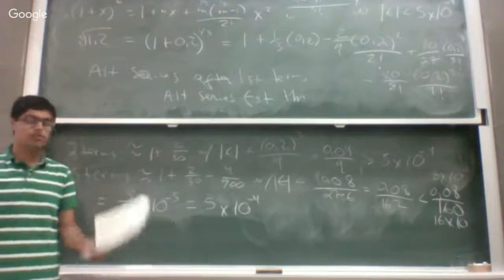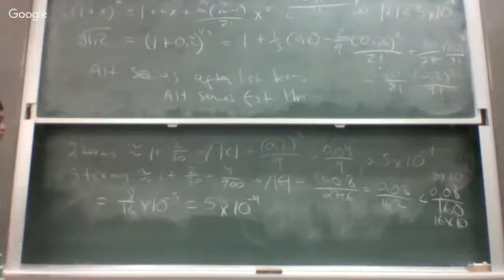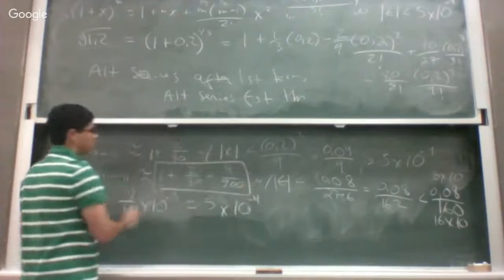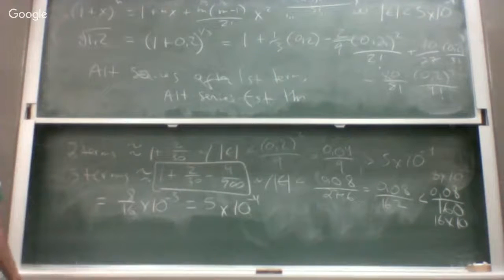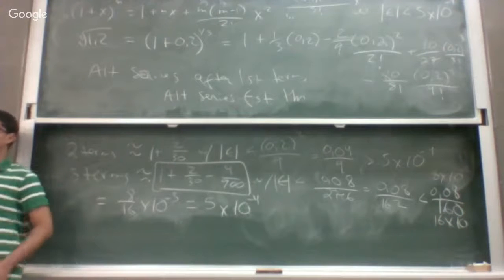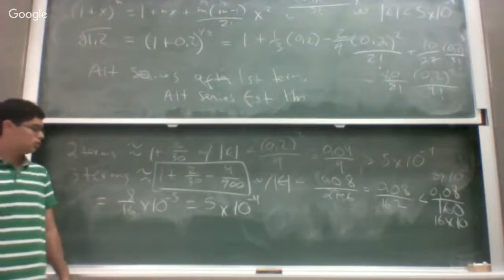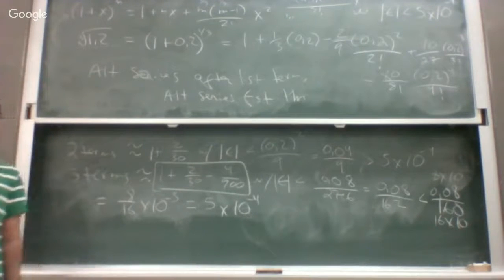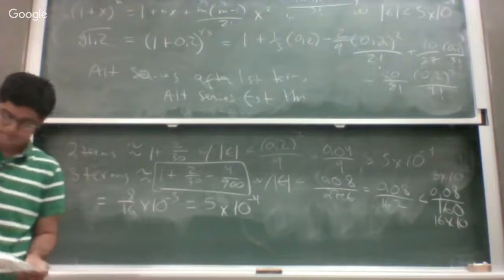They don't tell us not to simplify, so we actually do need to add up these 3 terms. The error can be equal to it, it just can't be greater than it.